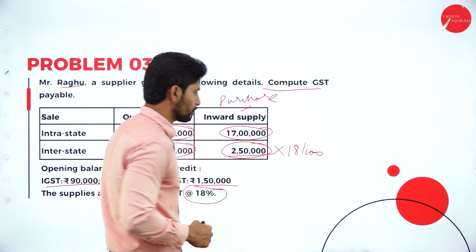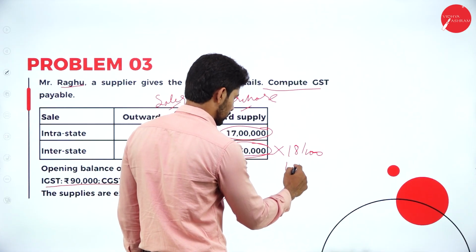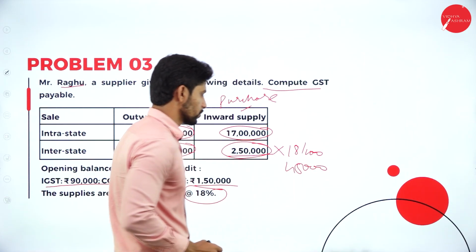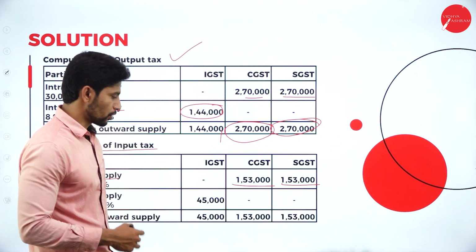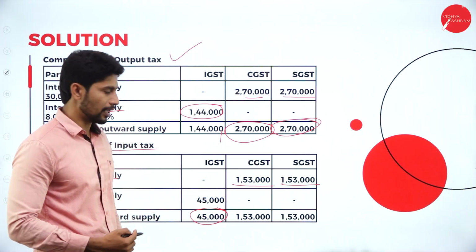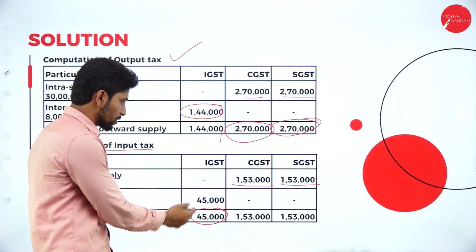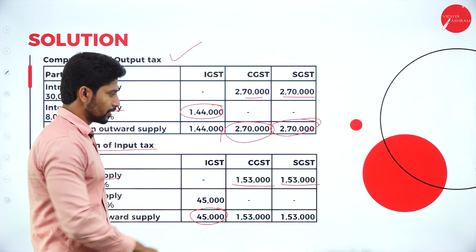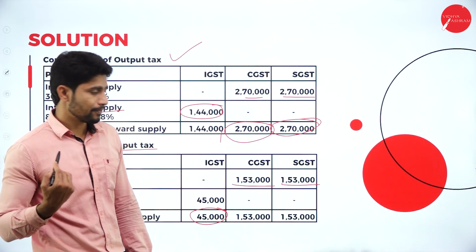So you will be getting 45,000. So 45,000 is the IGST. Now, what is the amount payable? That is already paid under this input tax. You already paid 45,000 under IGST, 1,53,000 under CGST and 1,53,000 under SGST.